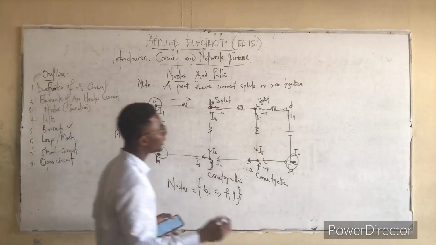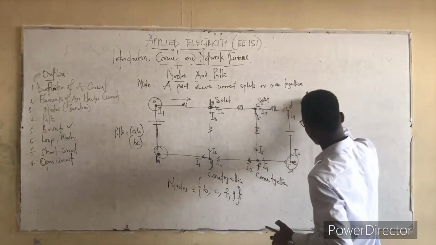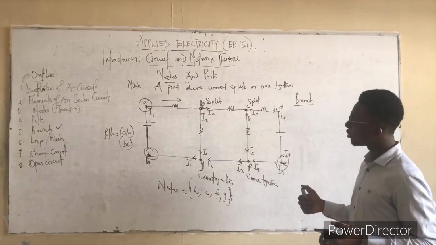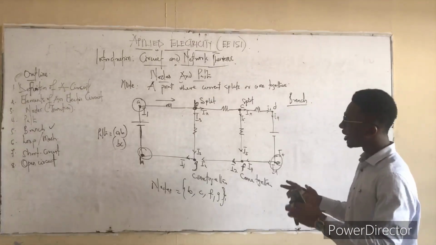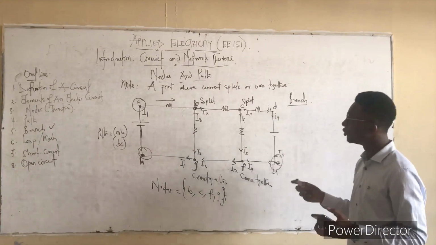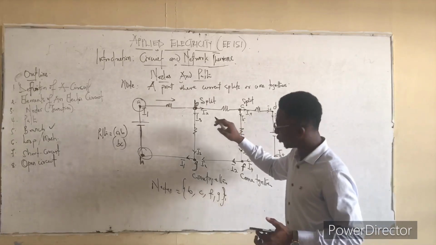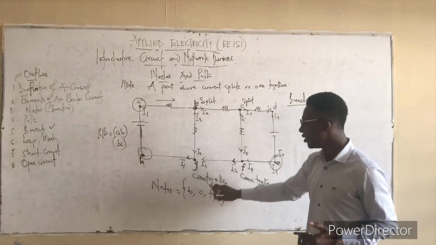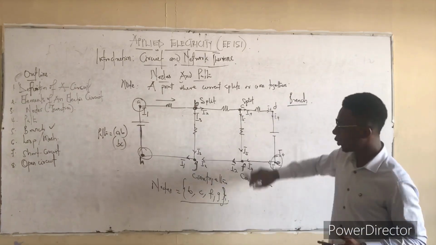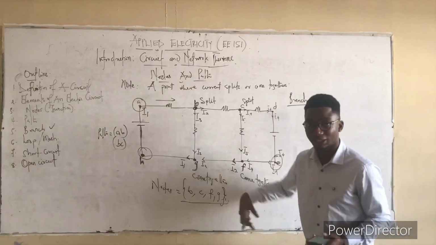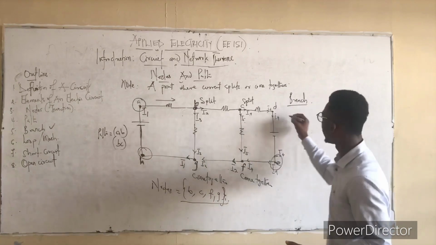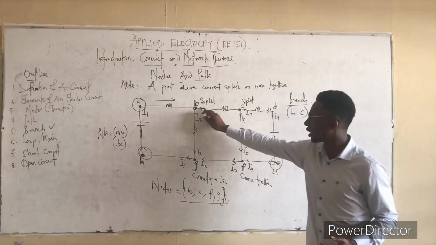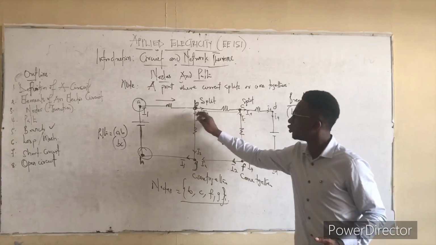Now, let's go to what a branch is. A branch is simple. A branch is a connection or a path between two nodes. So now, if you want to identify a branch on this particular circuit, how many nodes did we identify here? Four. So any connection between two of these nodes is a branch. We can have B, C, which is a branch because it's a connection between these two nodes.